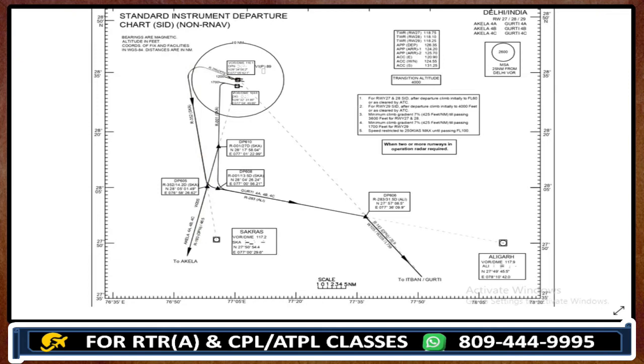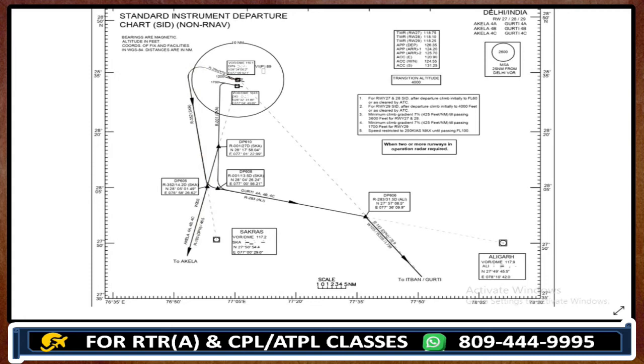So guys, do remember, nowadays in RT, examiners, or I would say WPC, are not asking very frequently, but sometimes they ask. I cannot deny that they are not asking about SIDs nowadays. So a very important thing you need to keep in your mind while appearing in the exam: ATC is going to tell you, while you ask for the ATC instruction, or they'll give you the clearance the way I told you earlier.